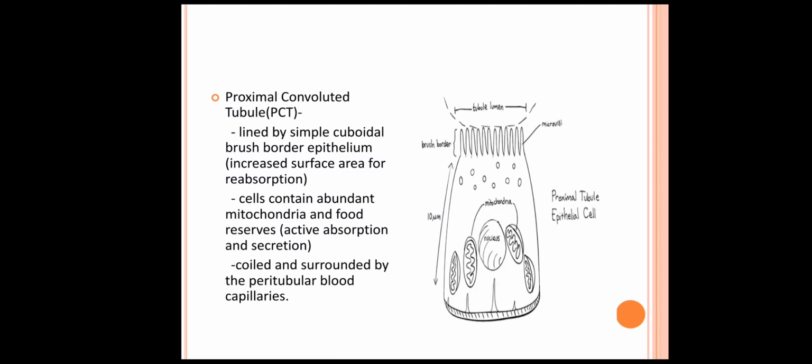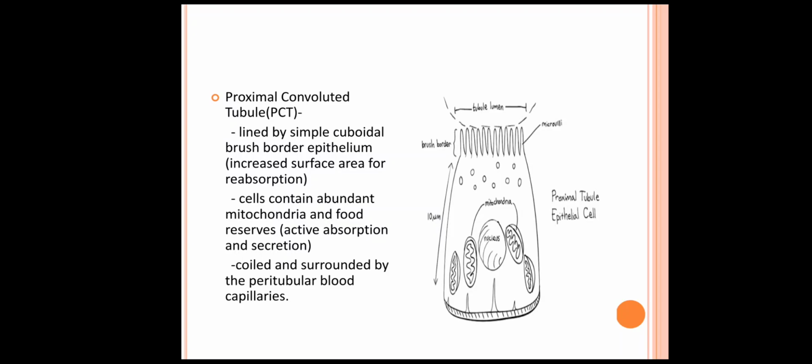Now, the cells of this proximal region contain abundant mitochondria and food reserves in order to carry out active absorption and secretion.